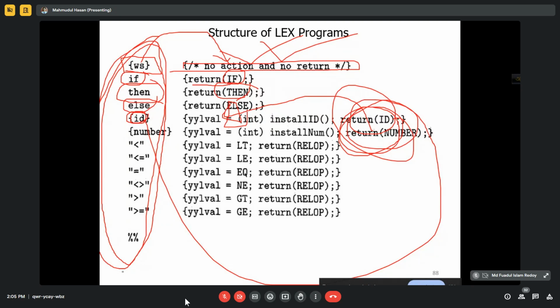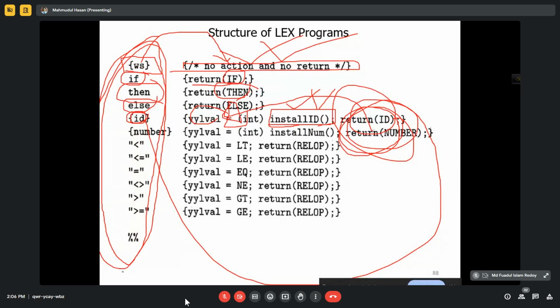Here another function is used, installID, and this installID is used to get that attribute value, and this value is stored in yylval. Okay?